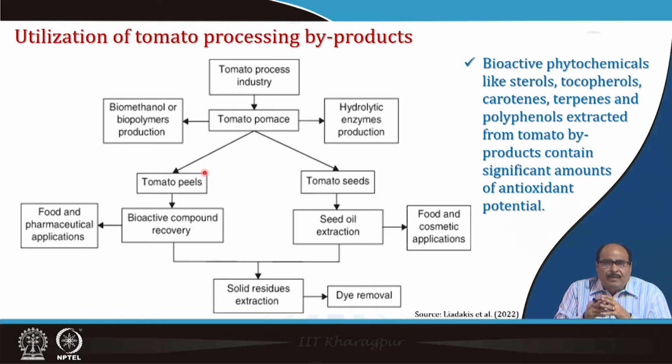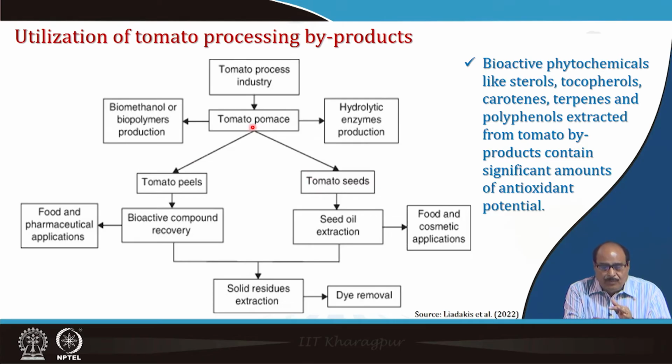Now, the utilization of tomato processing byproducts. When tomato is processed for juice, concentrate, puree, etc., you get the tomato pomace, and this tomato pomace can be used for production of biomethanol or biopolymers, or even hydrolytic enzyme production, like tomato peels and tomato seeds.